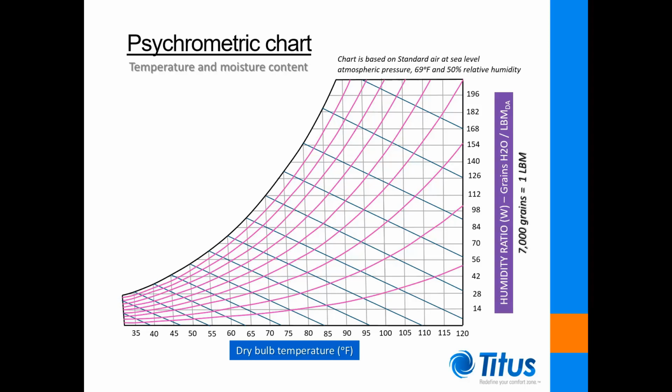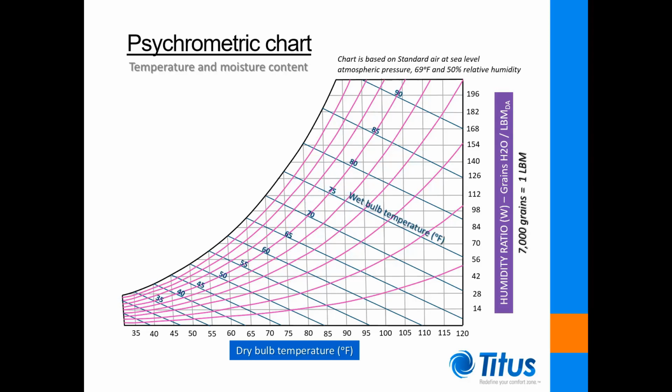Humidity ratio can also be expressed in grains of water per pound of dry air. As there are 7,000 grains per pound of water, this results in ratio values without decimal extensions. I find it easier to use, so we'll continue to use grains throughout the rest of this webinar.